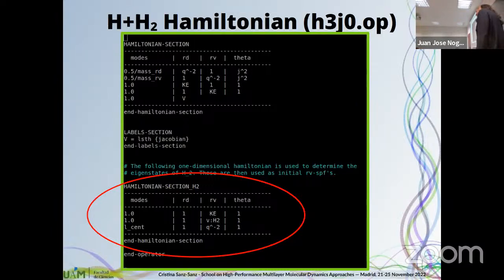How do we define this coordinate? Any idea? First, if you remember from this morning's session, we have to set a wave packet that has certain values of energy, certain values of momentum, and so on.